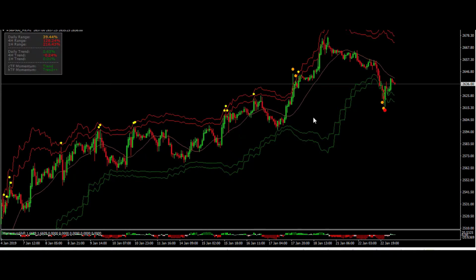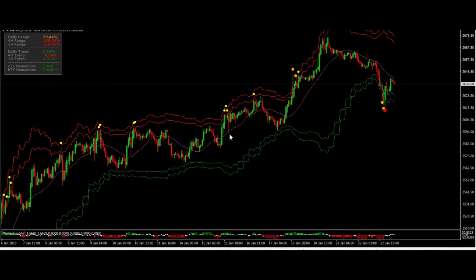But as we will see in future videos, the middle band plays a very, very important role to allow you to fine-tune your trade entries and be able to time your entries and exits in general a lot better.